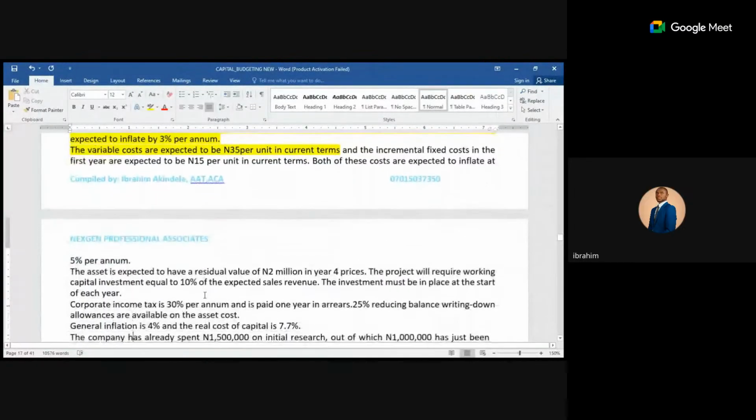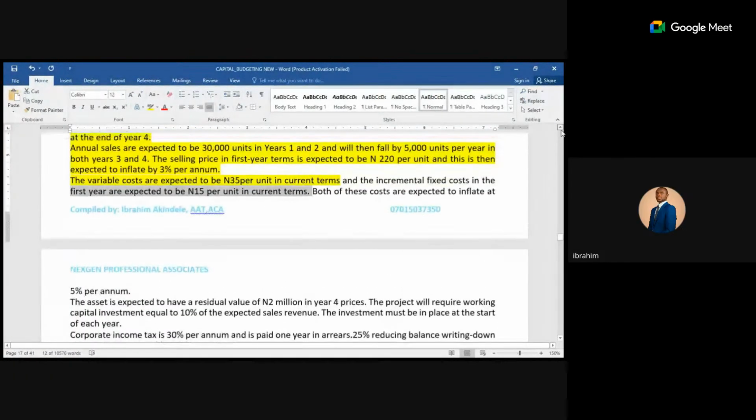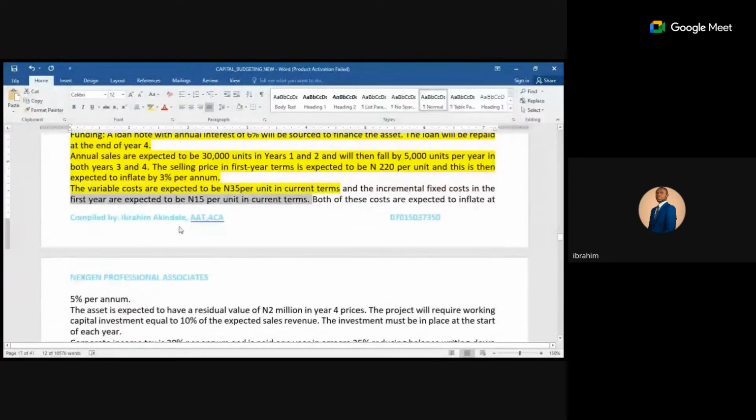Okay, that is why I said, since you have the current terms, 15 naira per unit in current terms, it will be at year 0.